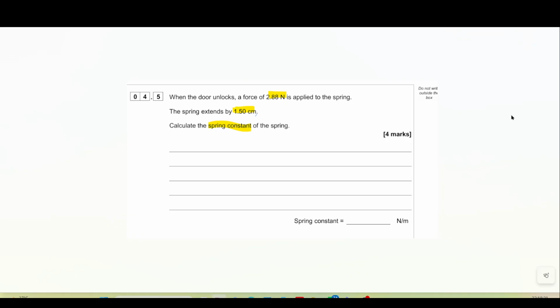Force equals spring constant times extension. Yes, exactly. So spring constant equals force divided by extension.